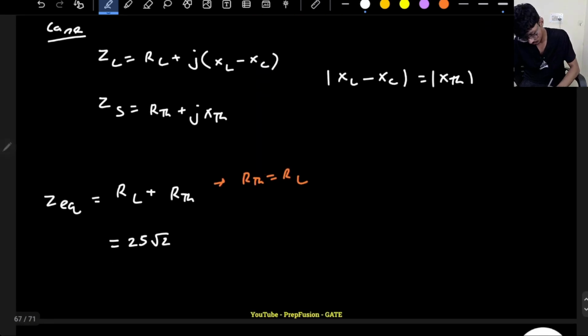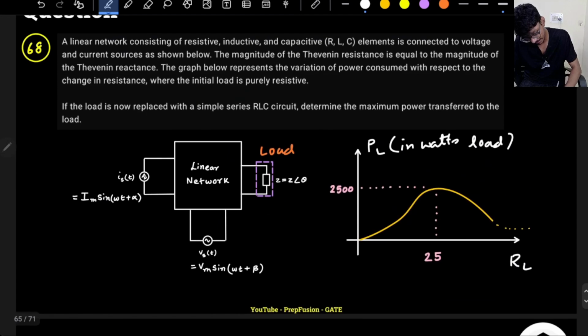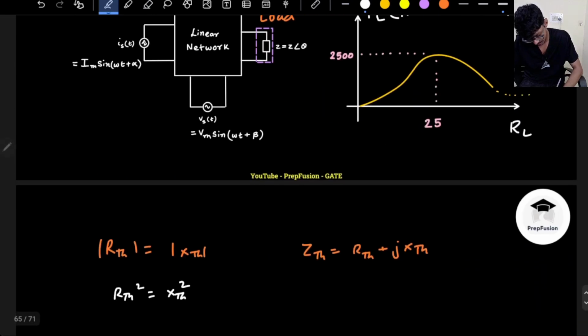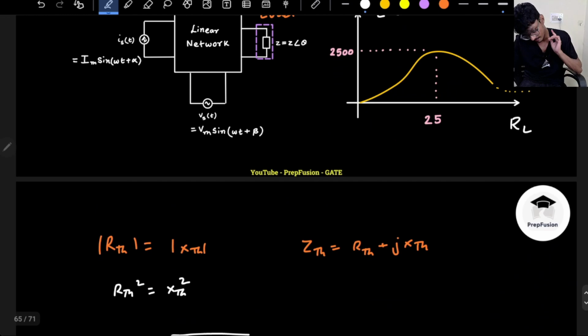Now they are just asking to find the maximum power transfer. So what is the maximum power transfer? PL max will be the magnitude of I squared into RL. The magnitude of I will be the voltage divided by the impedance. What is the voltage? Now, I don't know the voltage.